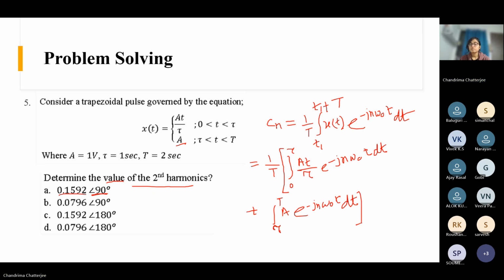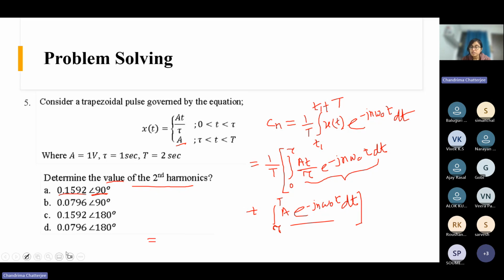Okay. So this we will have to perform integration by parts. And this one is simple. Okay. So the final expression you can just confirm by deriving it by yourselves.